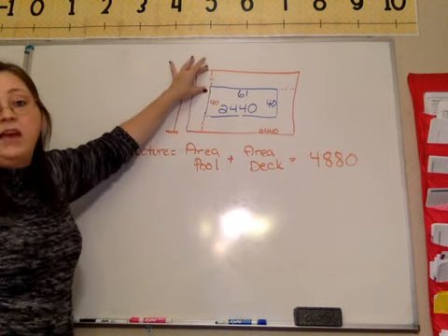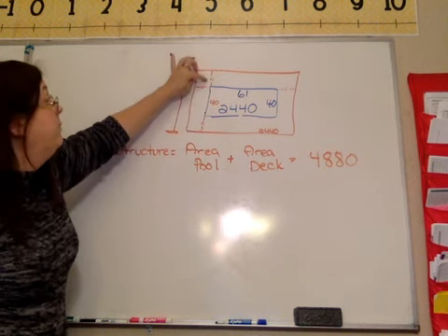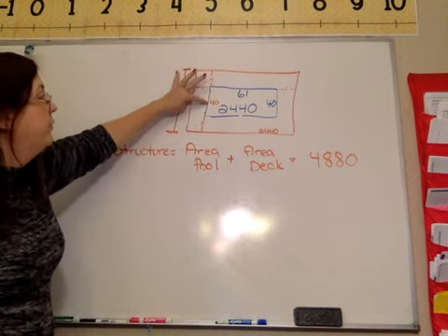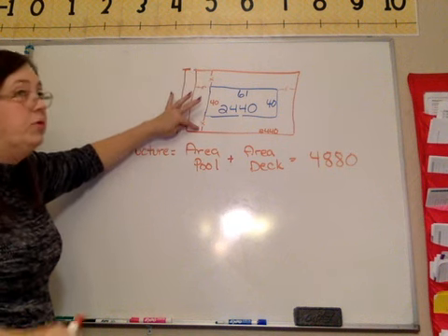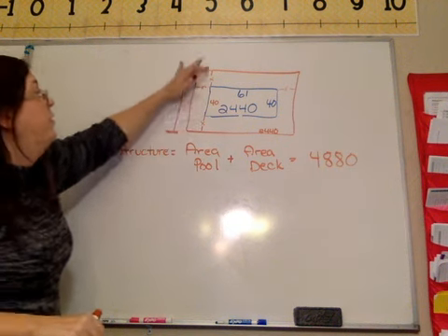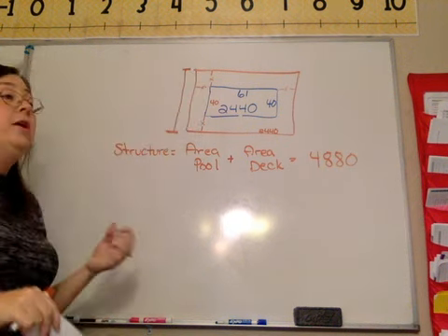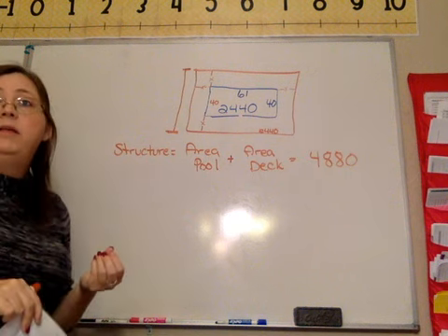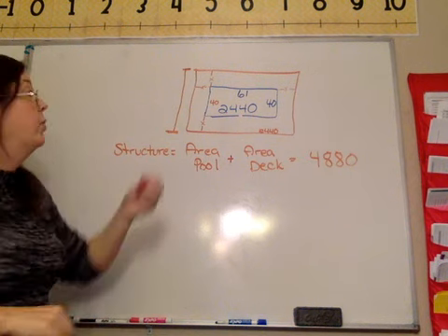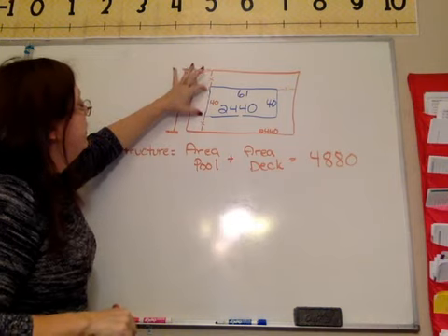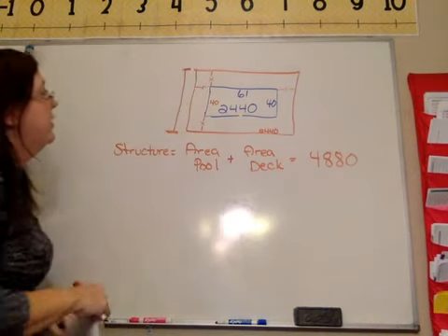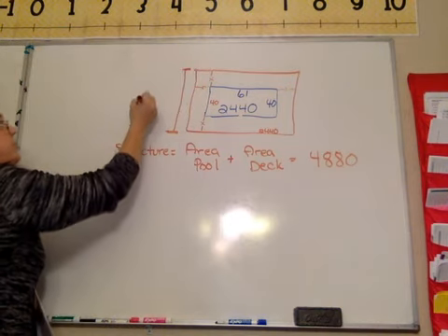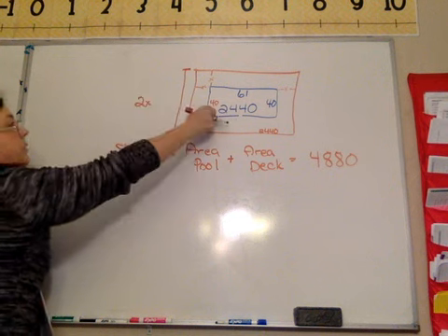So if we said the deck was 5 feet, it'd be 5 foot here, then the 40-foot pool, and 5 foot here. Now, what would you do with those numbers? If you wanted the length of this side, you would add them. Now, most kids say they want to multiply them. They tell me it's x squared. But we're going to add them. This x plus 40 plus this x. So when you add two x's, you get 2x plus 40.